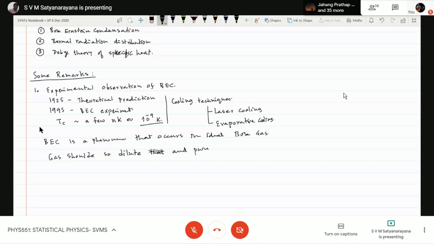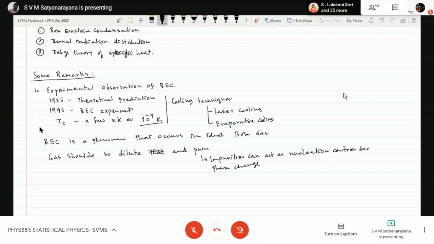because remember that if there are impurities, they can act as nucleation centers for phase change, and we have to avoid that.